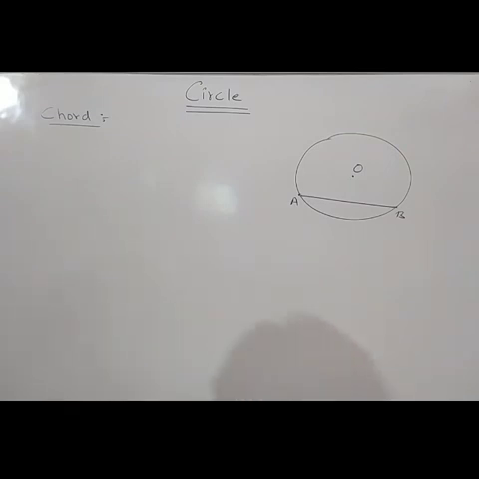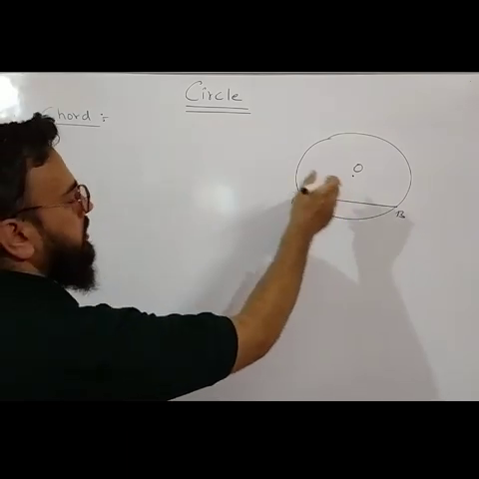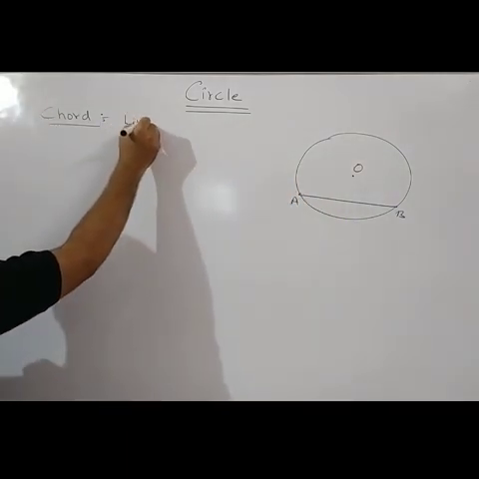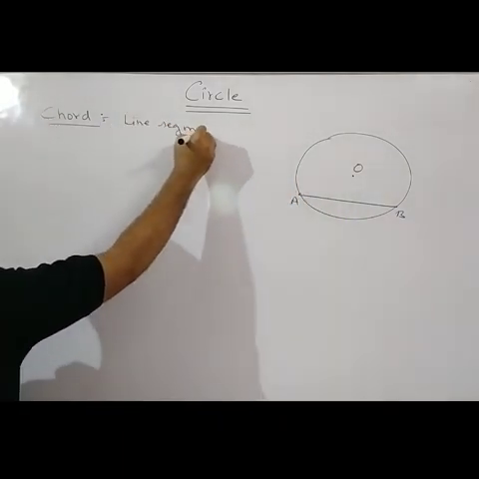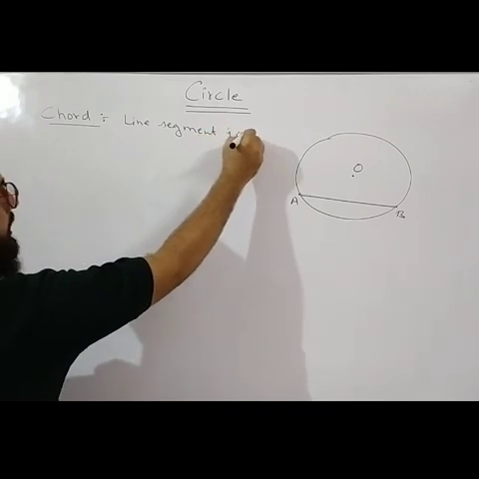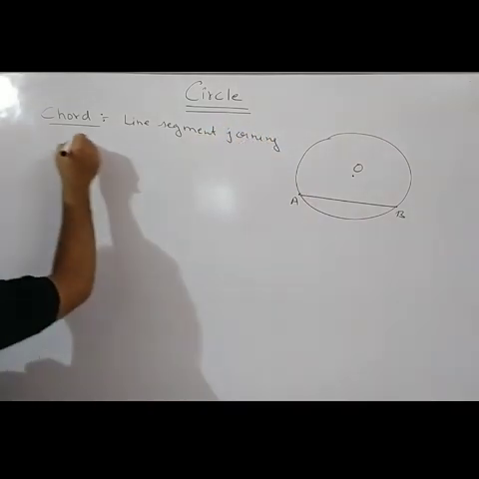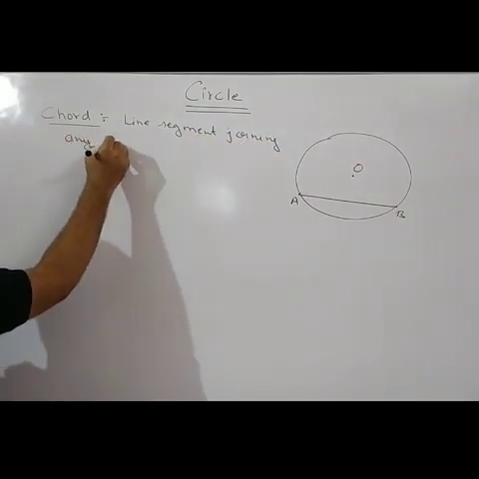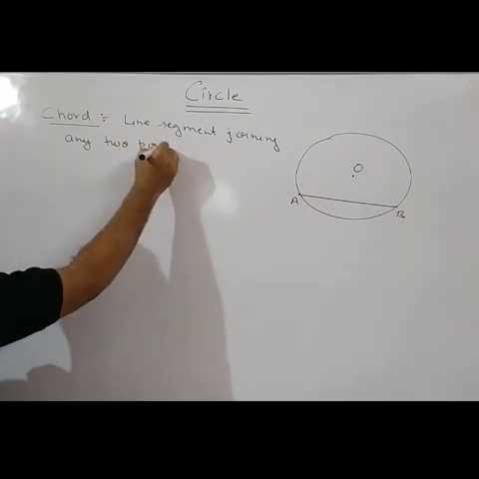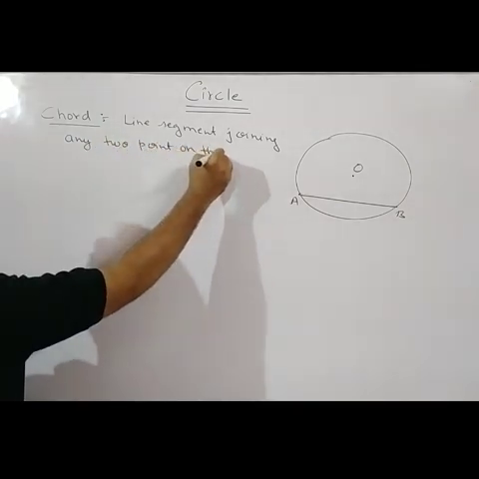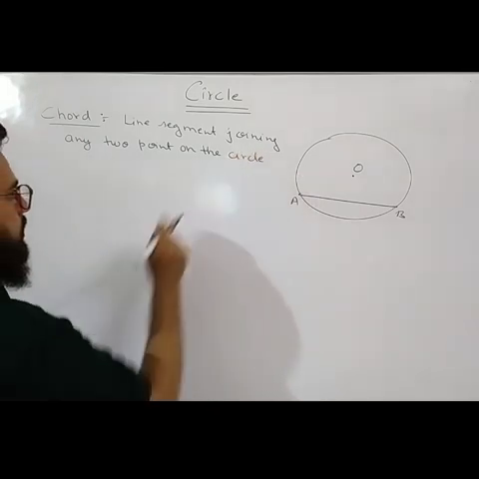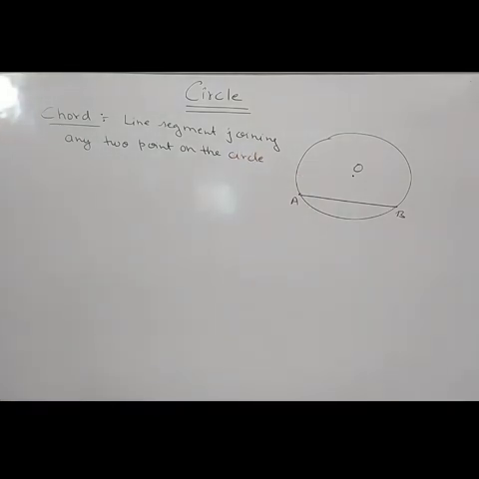The line segment joining any 2 points on the circle is called chord. So AB is a chord.